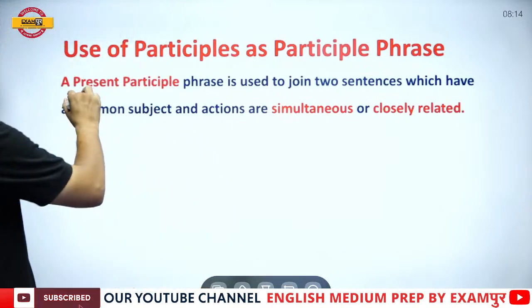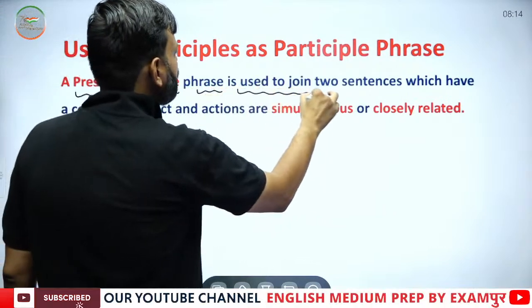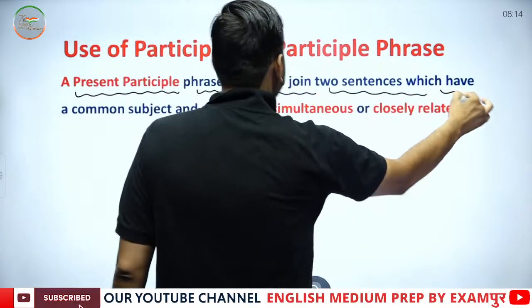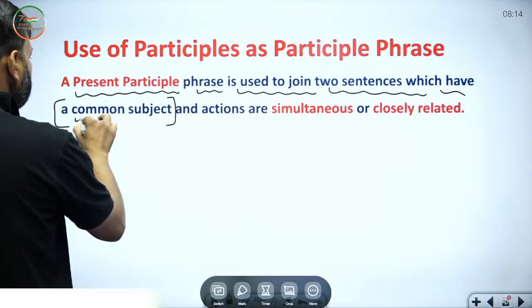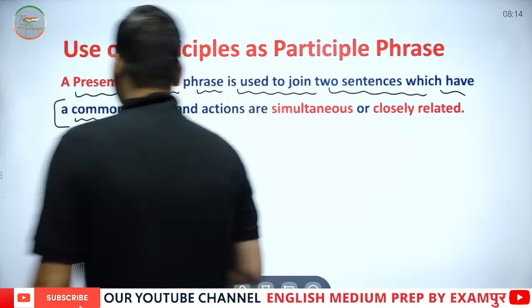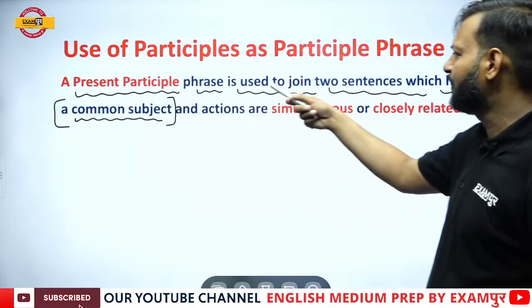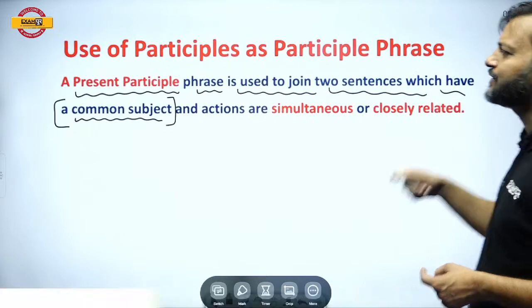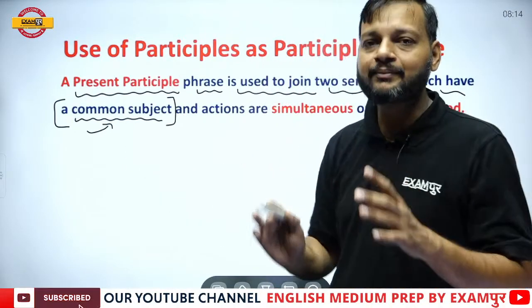So here, a present participle phrase is used to join two sentences which have a common subject. This is something very important. I want you to pay attention here. A present participle phrase is used to join two sentences which have a common subject, okay?